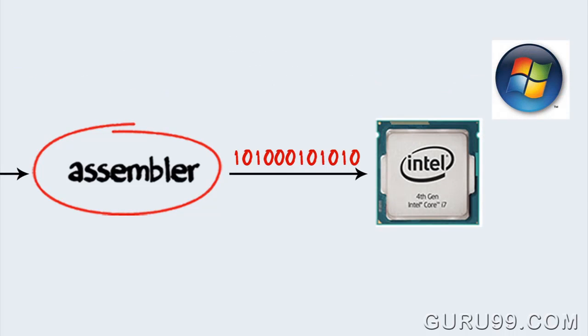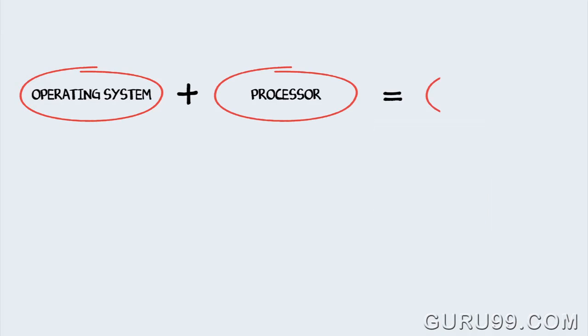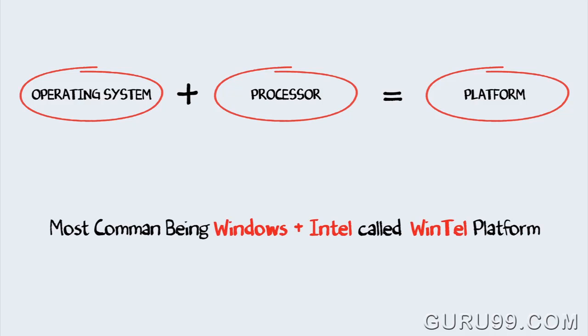Now, suppose Windows operating system is running on this Intel processor. Combination of operating system plus the processor is called the platform. The most common platform in the world is the Windows and Intel, called the Wintel platform.